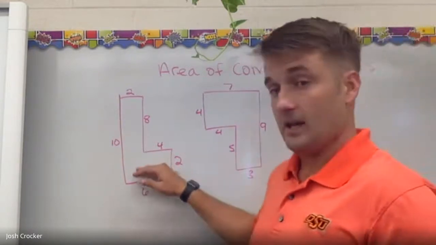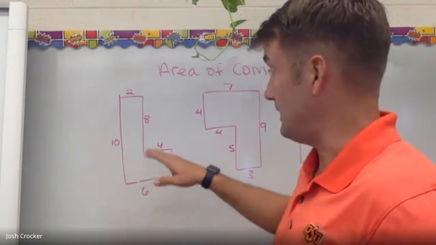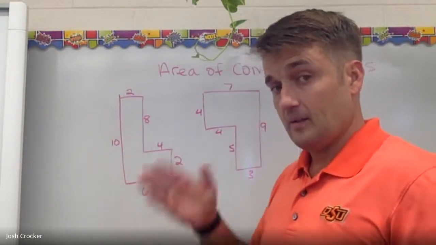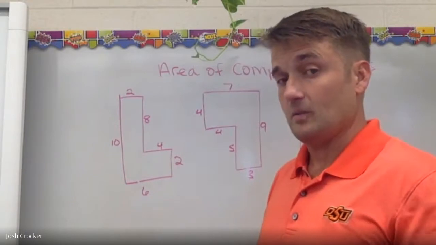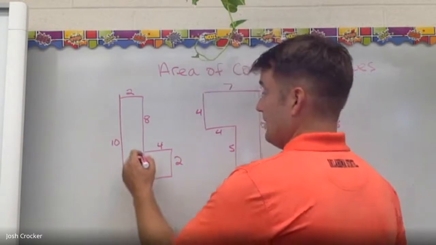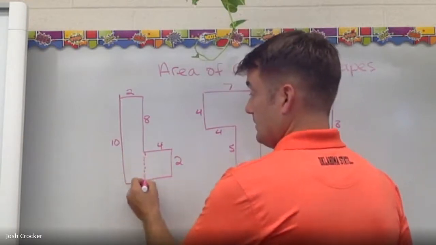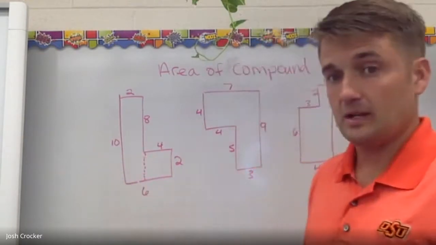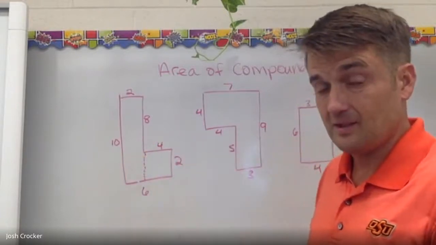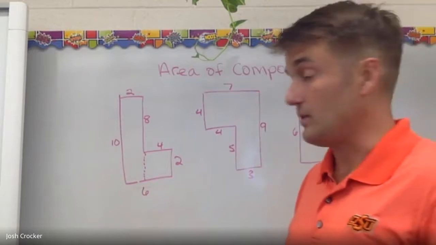We have an L shape here, and it is two rectangles. We need to cut it and decide where one rectangle is going to stop. So I would cut this way, but you could cut it that way too. Either way is fine. You just have to know which way you're going to go.